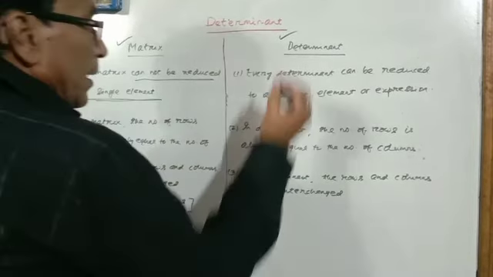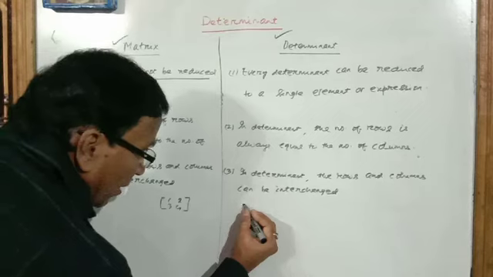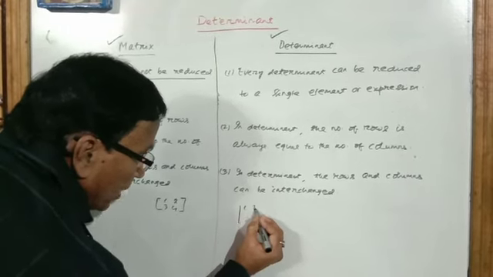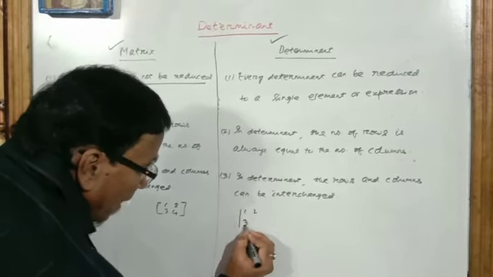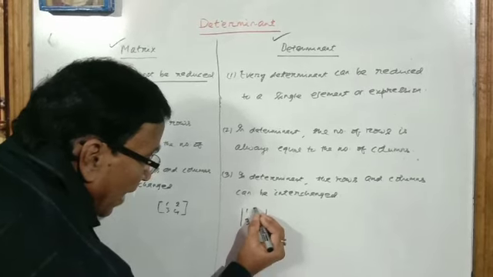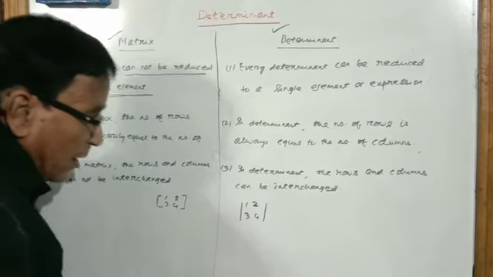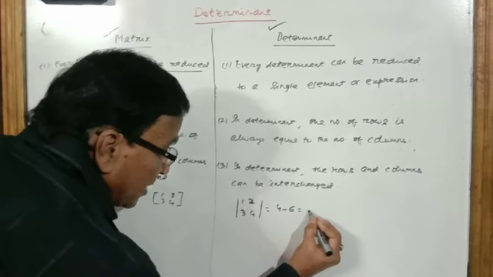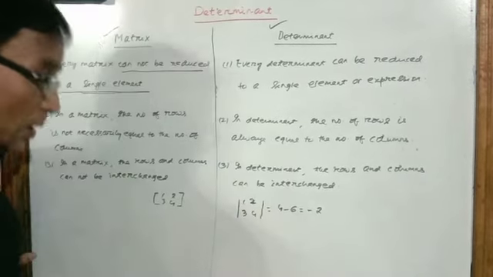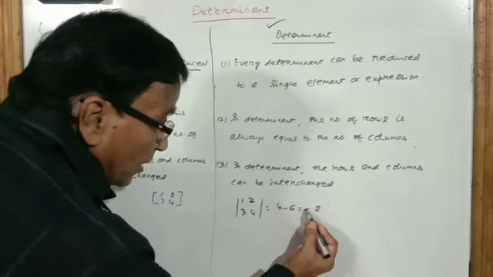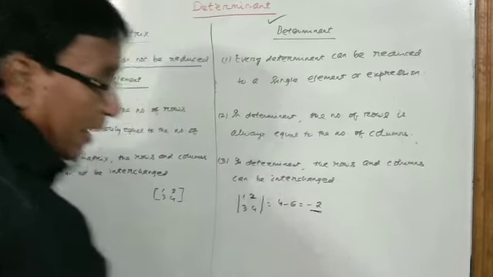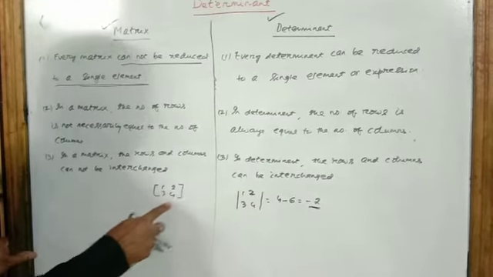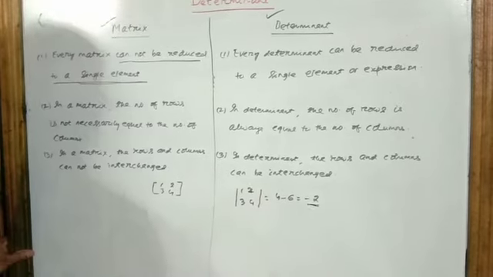But if you take the determinant of this, 1, 2, 3, 4, it is a second order determinant whose value is equal to 4 minus 6, that is equal to minus 2. So determinant can always be reduced to a single element, whereas the matrix cannot be reduced to a single element.